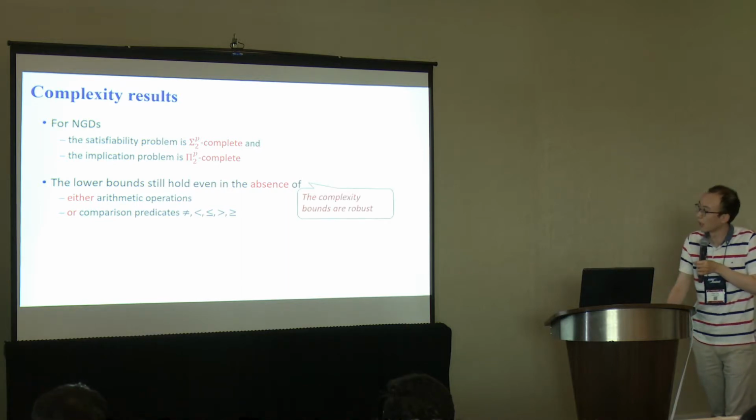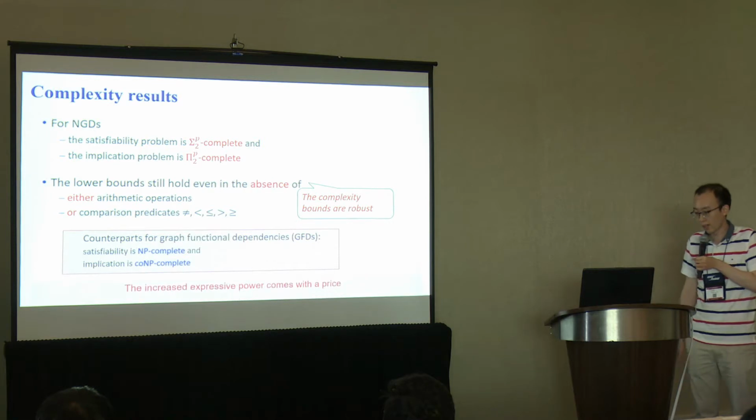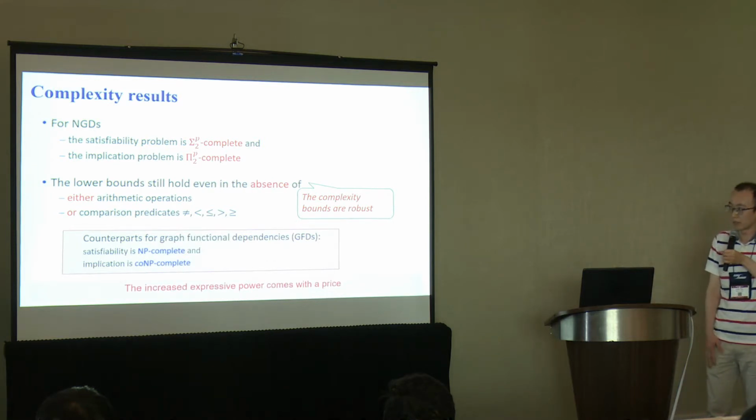So the robust complexities do not come from the interaction between the two, as opposed to the NP complete and the co-NP complete for the counterparts of graph functional dependencies. The increased expressivity of NGDs pays a price.